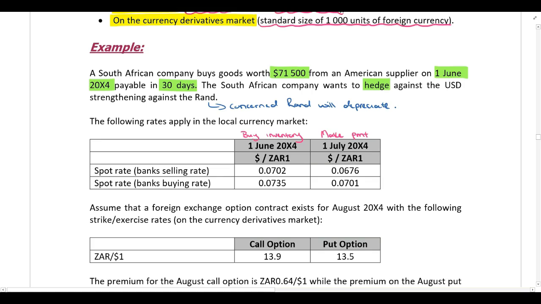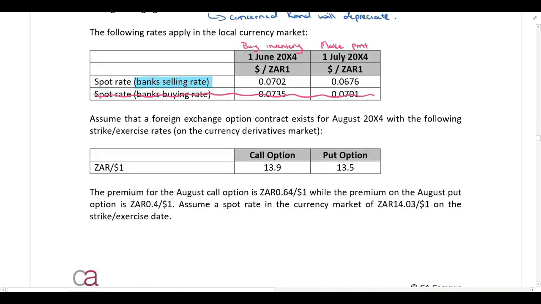Now, once again, we are dealing with a South African company, and they are going to need to buy US dollars from the bank, which means we are going to use the bank's selling rate in our calculations. The bank is going to be selling US dollars to the South African company. We are going to ignore the bank's buying rate. Then I want you to assume that a foreign exchange option contract exists for August 20X4 with the following strike or exercise rates. And this is on the currency derivatives market.